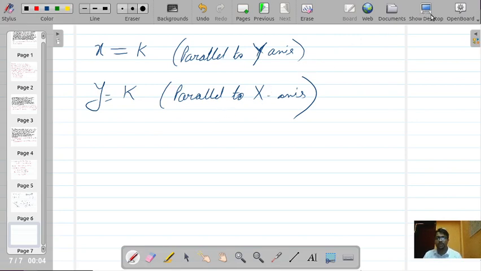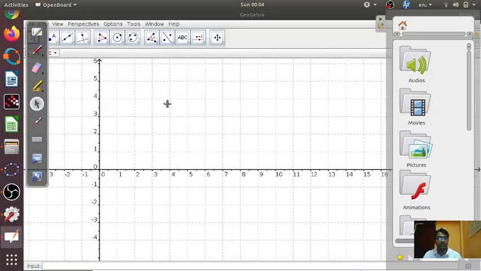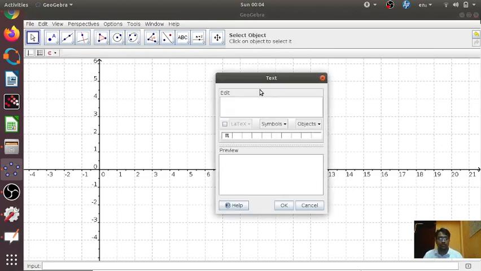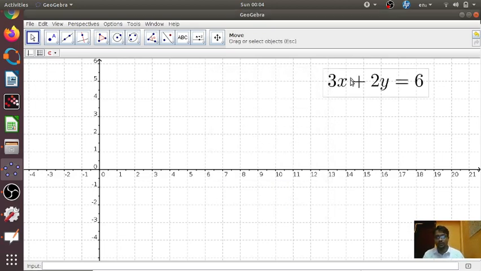Suppose I want to draw this particular straight line: 3x plus twice y is equal to 6.